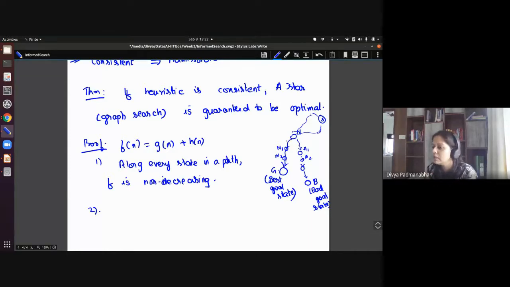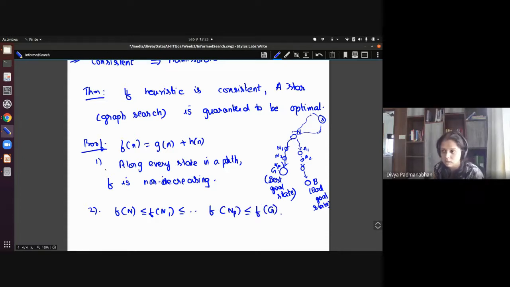Suppose n is on your priority queue, then f of n is going to be less than f of n1, and so on up to f of, let me call it np, and then you have the goal state.